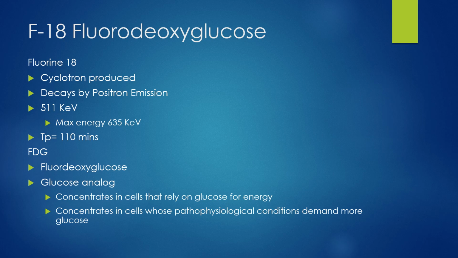And then FDG is the actual radiopharmaceutical. It's called fluorodeoxyglucose. This is a glucose analog, and that means that it will concentrate in cells that rely on glucose for energy, which, as we just mentioned, a lot of malignant cells will do. It also concentrates in cells whose pathophysiological conditions demand more glucose, such as certain types of cancer.